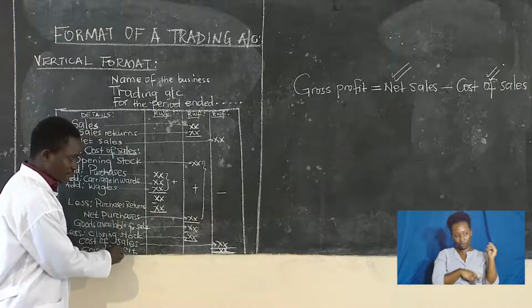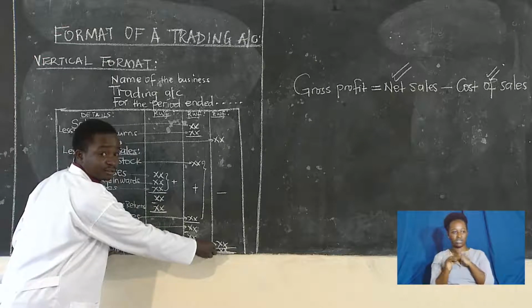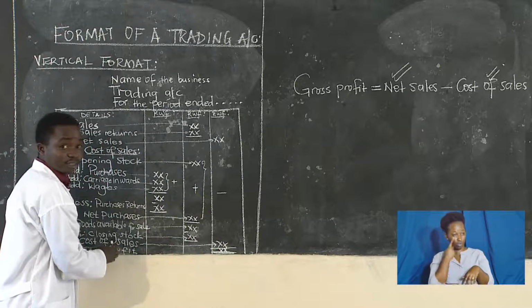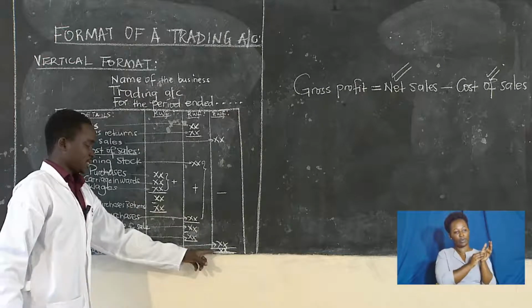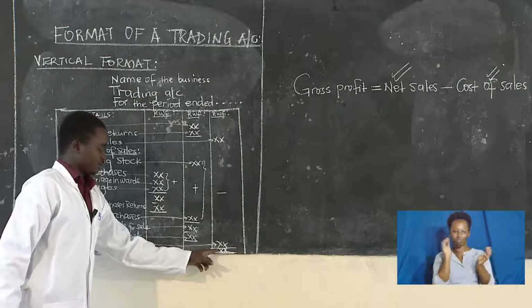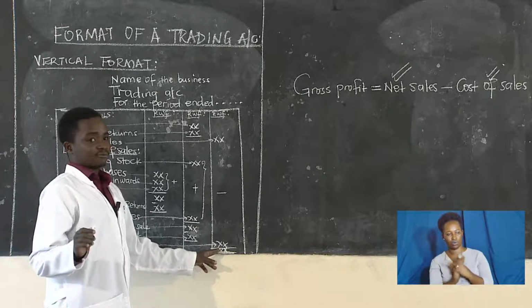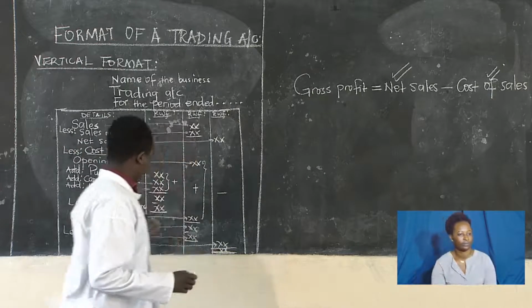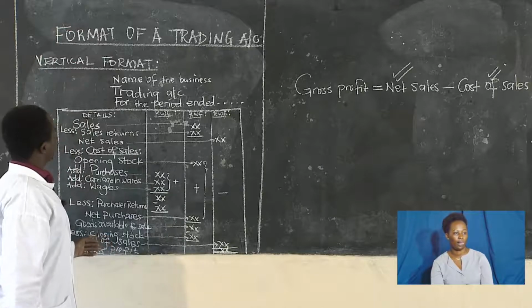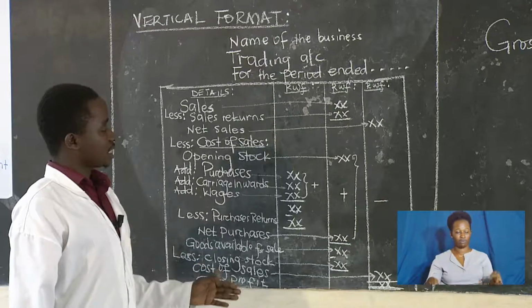You write loss and don't indicate a negative because you already have the word loss. You just write gross loss, then you put the figure there without the negative sign. So this is the vertical format of a trading account.